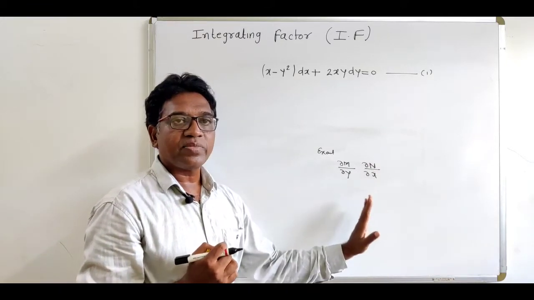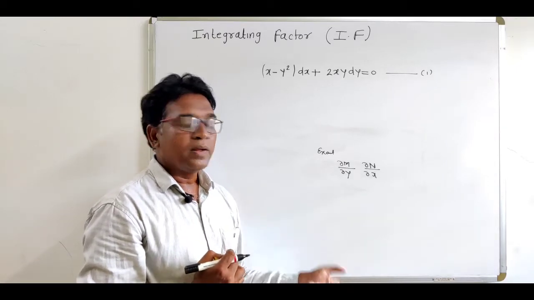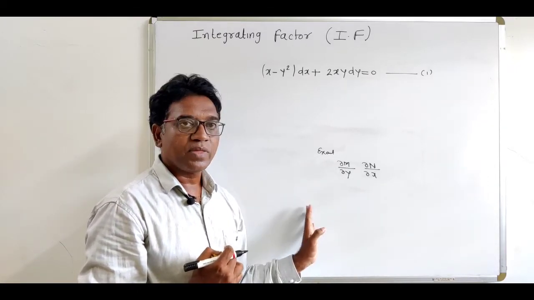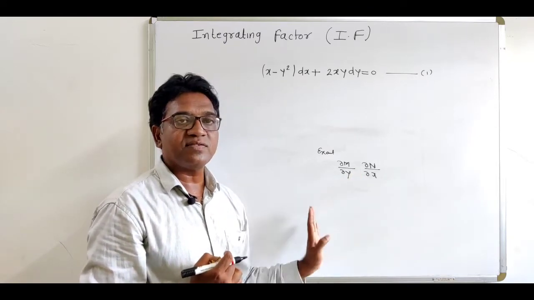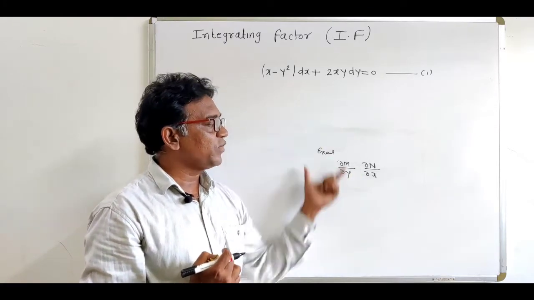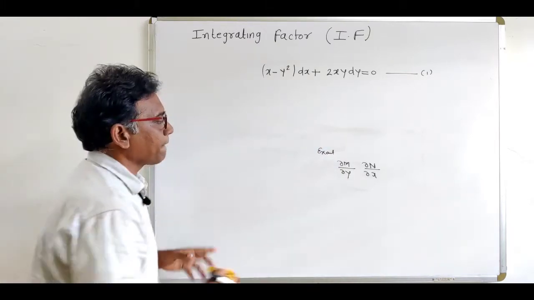If they are equal, then the differential equation is said to be exact, which means we can find its solution. And if they are different, then we can say that the given differential equation is not an exact differential equation.